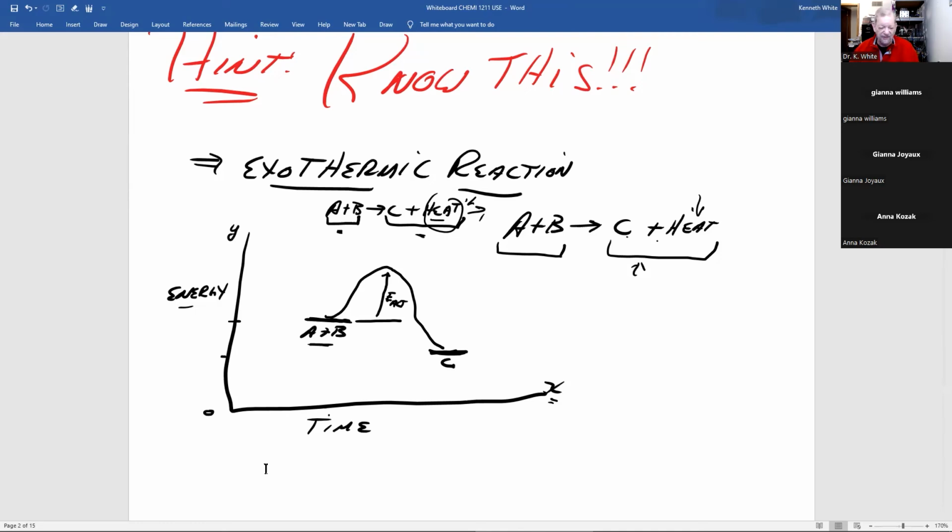And that's how you draw it. Remember, from where you start, A and B, to the top of the hill here, that's called the activation energy, which we show as E sub ACT. This is for an exothermic reaction, which gives off heat as the reaction occurs.